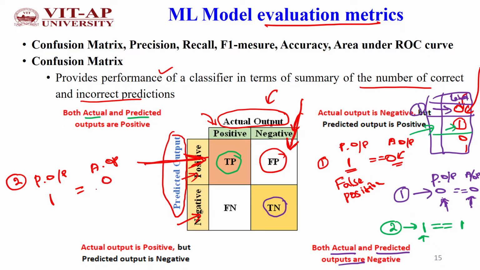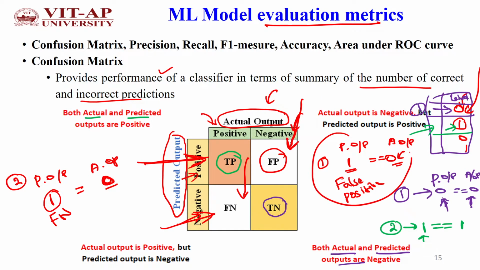My actual output is positive, but my model predicted negative, so that is called false negative.